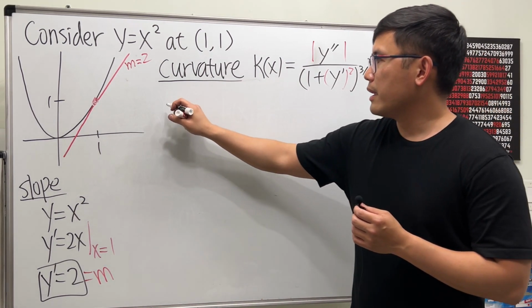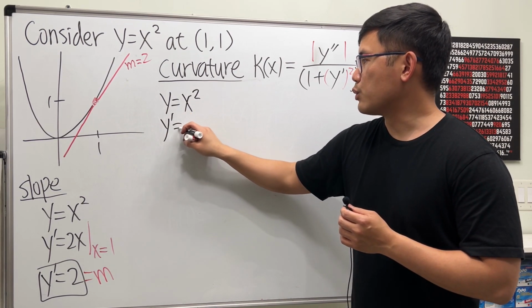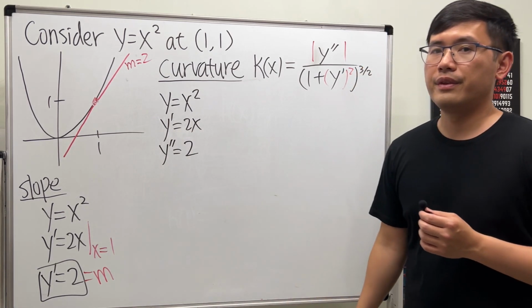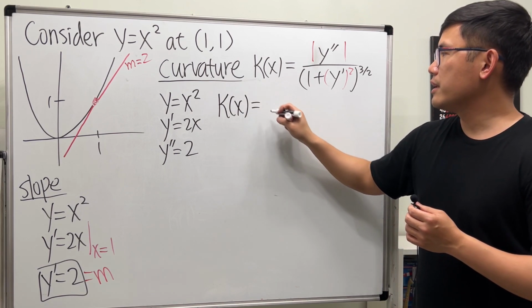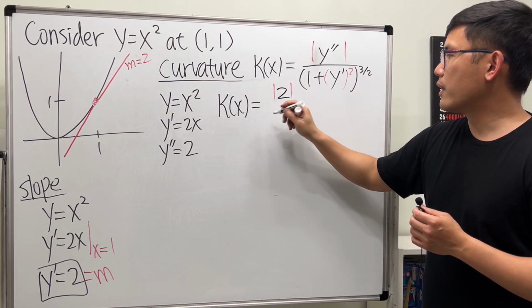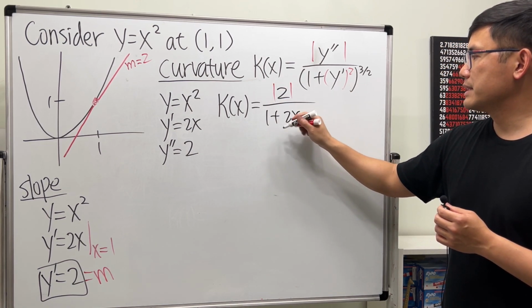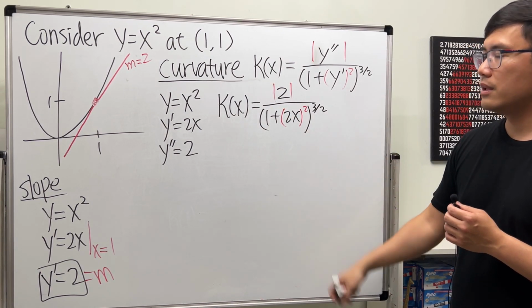So here we go. We know y is equal to x squared. The first derivative is 2x, and the second derivative is just 2. So for our kappa, this is equal to the second derivative over 1 plus the first derivative squared, and then raised to the 3/2 power.